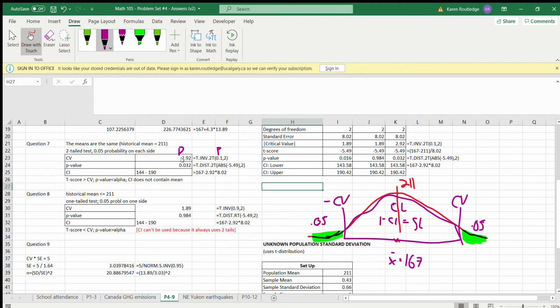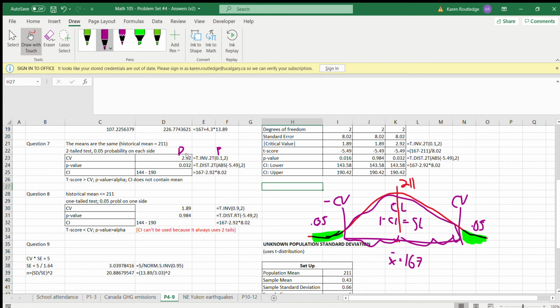So 2.92 is our distance, and it is a distance in standard error units. So this threshold is 2.92 standard errors, so we go 1, 2, almost 3 standard errors over here, and also over here.